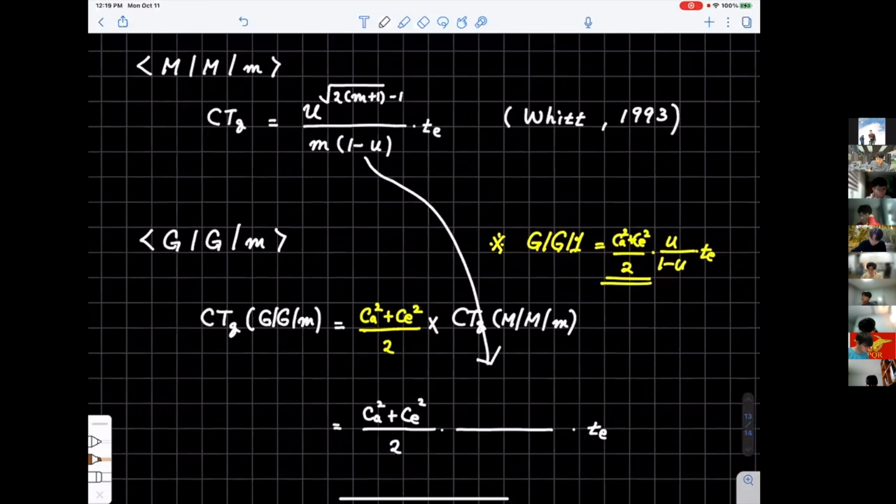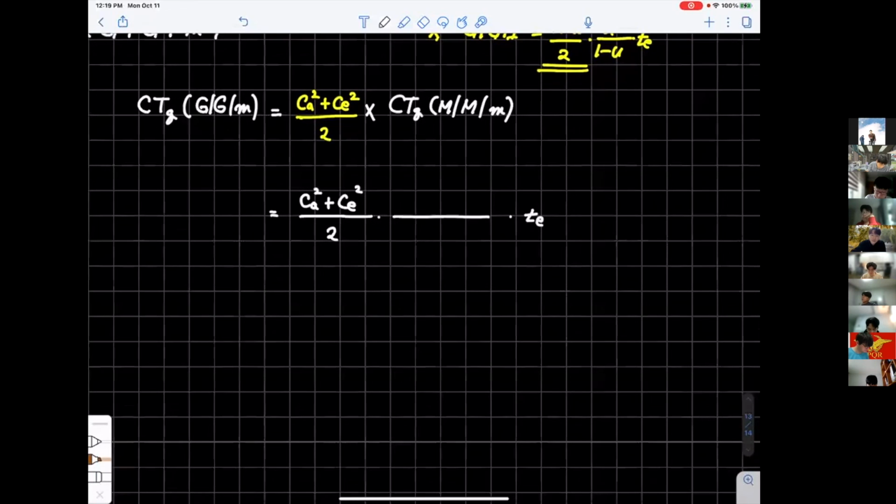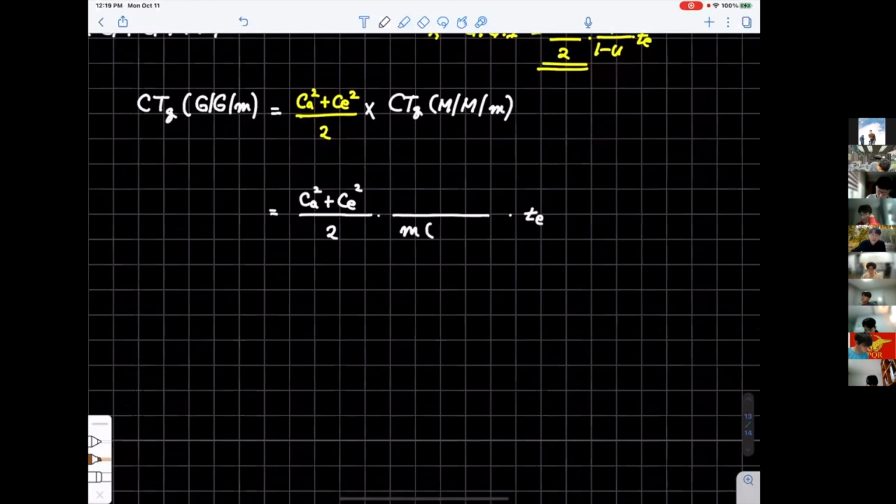These terms are inserted here, like this.